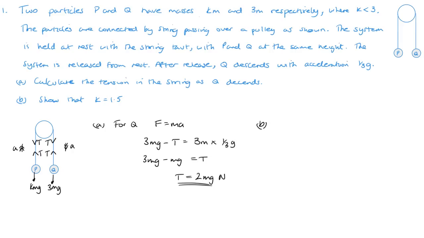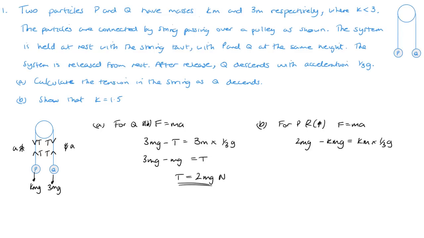Now, part B. Now we'll look at P. For Q we were resolving down, for P we are resolving upwards. F equals ma, so that's T minus kmg equals km times 1/3 g. Oh, and T is 2mg, isn't it?